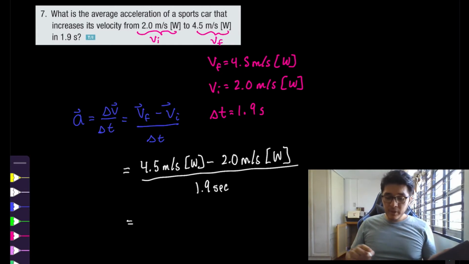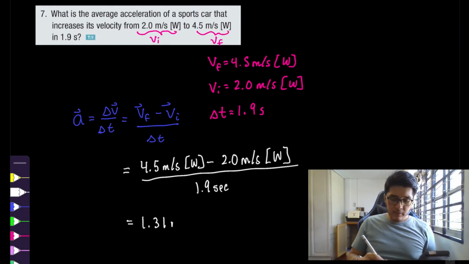Now the reason why we're able to just add this up so nicely is because both of them are already west, so we can collect like terms already. But if it was east and west, it gets more complicated. So I showed you that before already. Now we get approximately 1.31 meters per second square west.